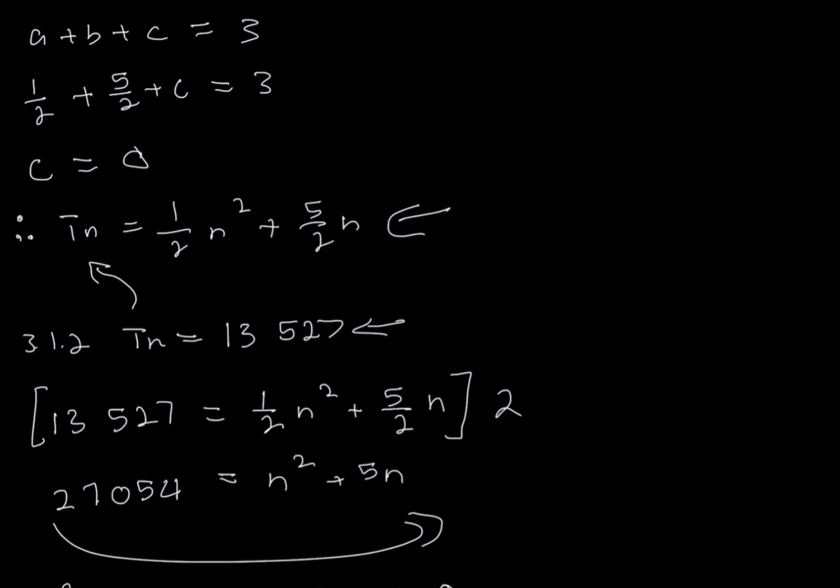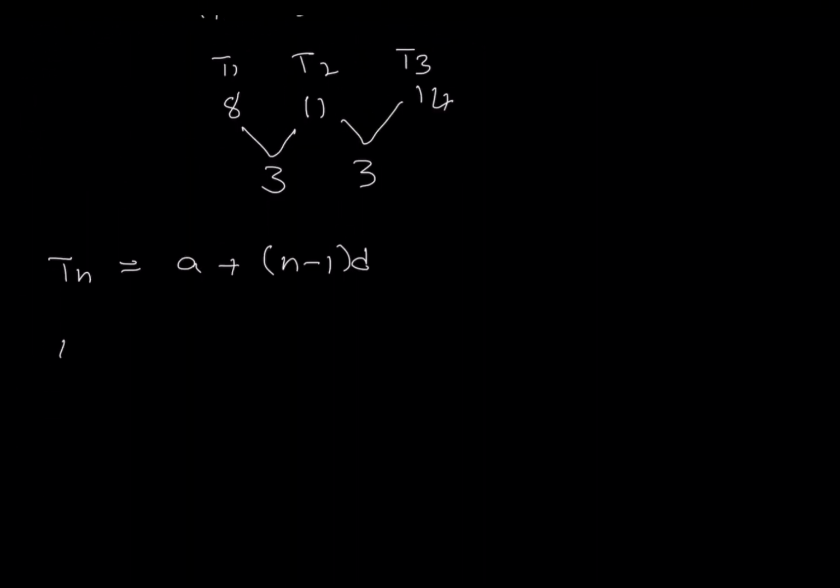Yes, they want T41. So 41 is equal to our first term, which is 8, plus (n minus 1)d, and our d is actually 3.